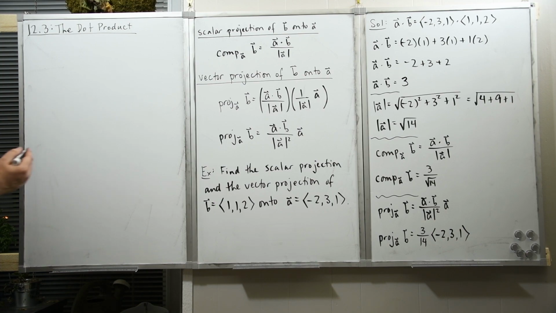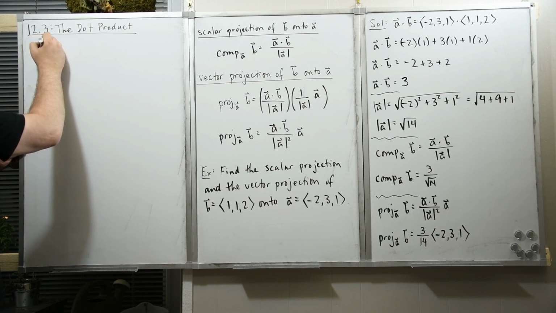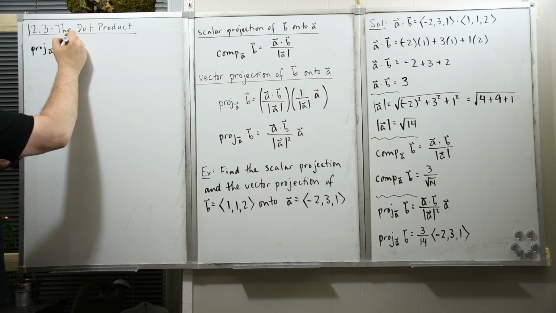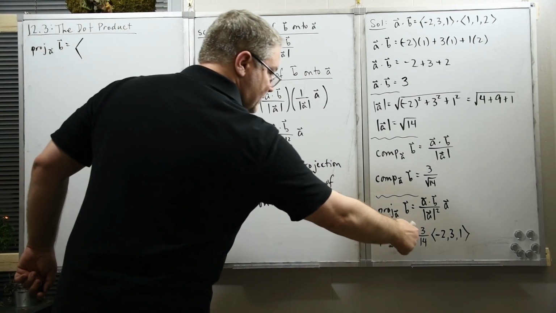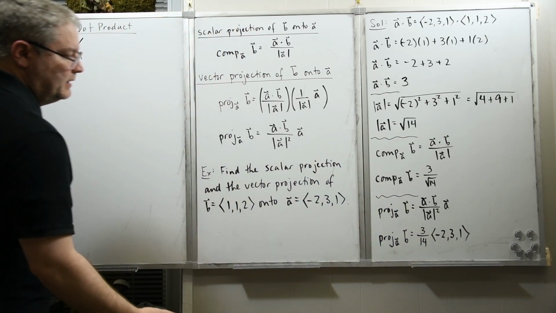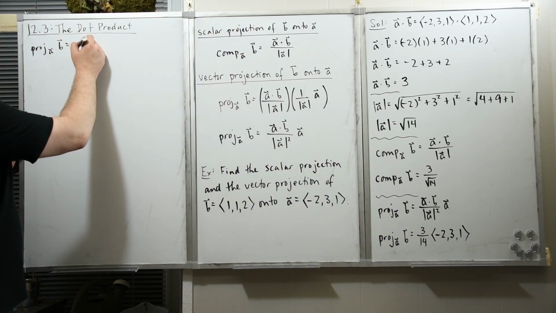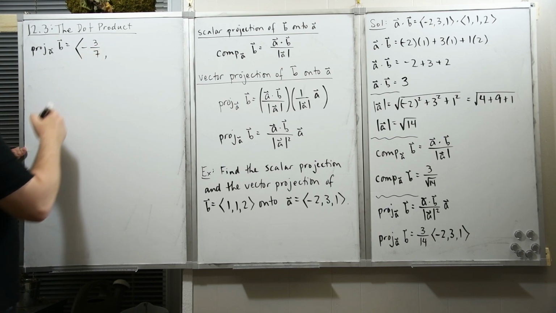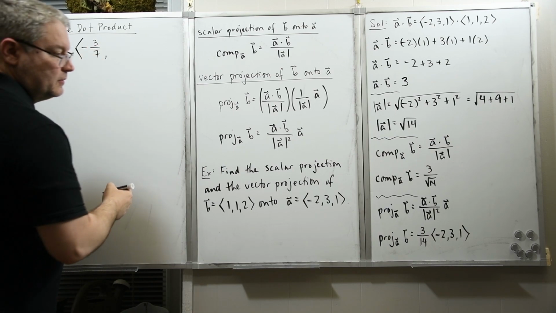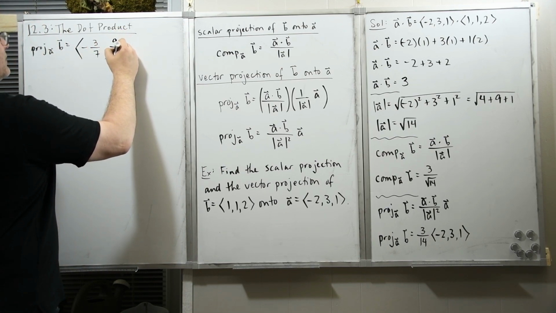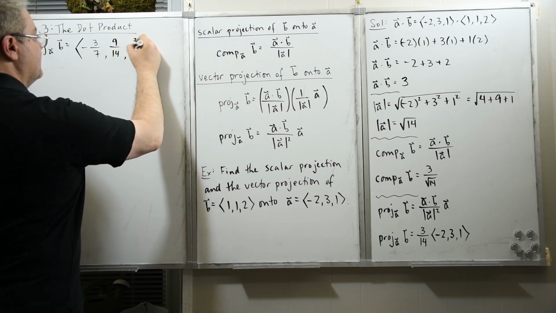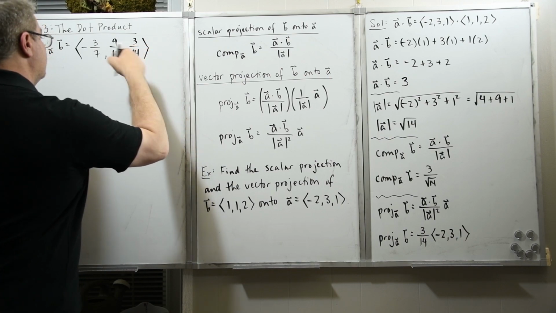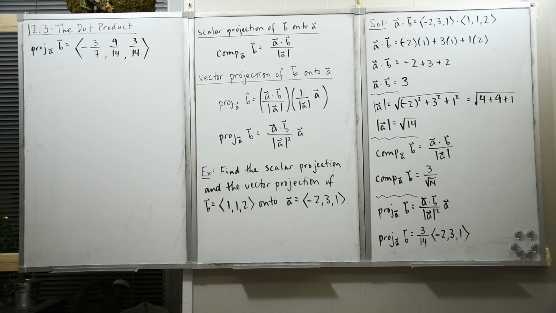This means the projection of b onto a can be written in this form. You take 3/14 times -2, which gives you -6/14, or -3/7. 3/14 times 3 gives you 9/14. And then 3/14 times 1 gives you 3/14. All right, so that's our projection of b onto a.